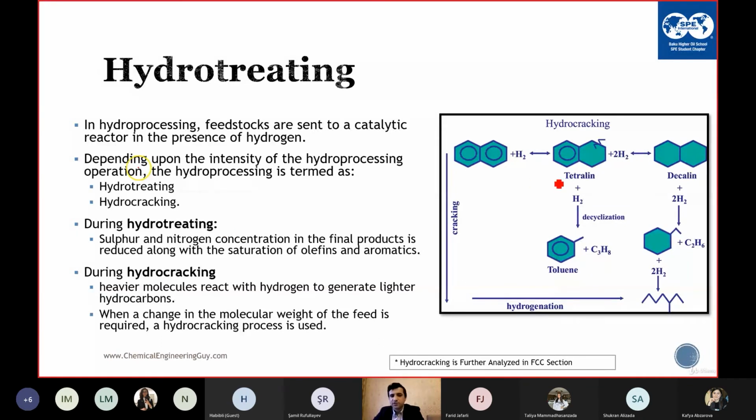But in hydrotreating, sulfur and nitrogen are directly hydrogenated and separated as NH3 and/or H2S.